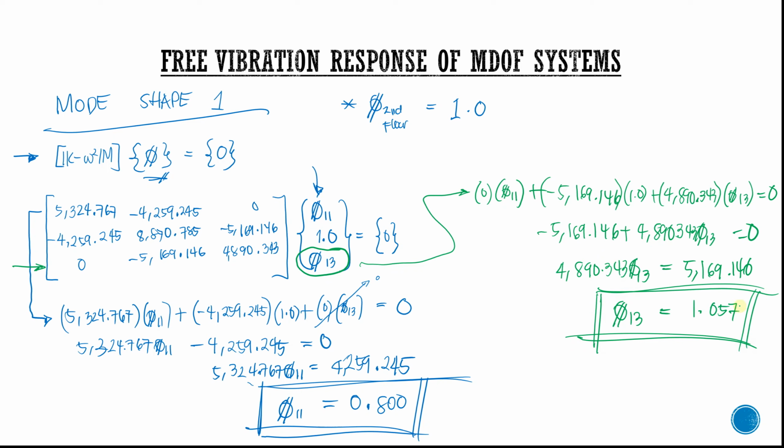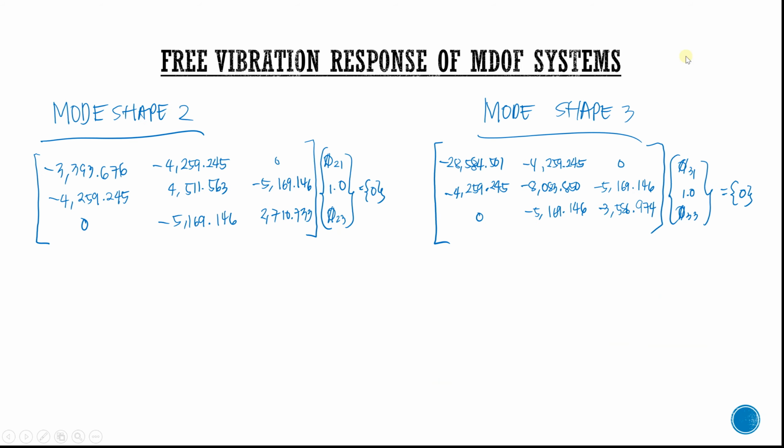Now this is just similar to the calculation for the mode shape factors for the other mode shapes, mode shape 2 and mode shape 3. Same thing with what we did for mode shape 1. The operation is still the same: we have the stiffness matrix minus omega squared times the mass matrix, and our mode shape vector is equal to the null vector.